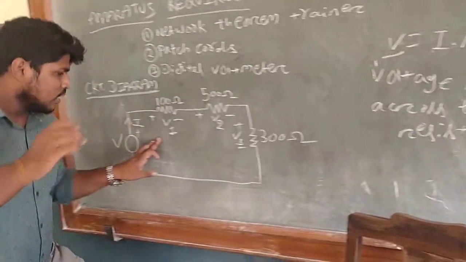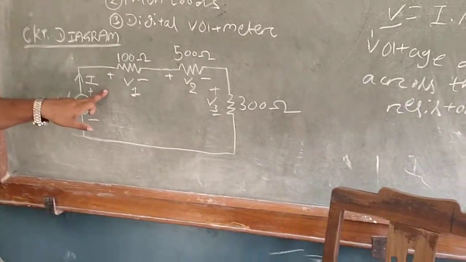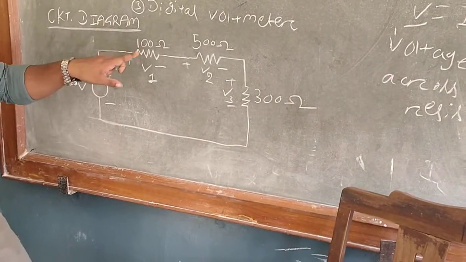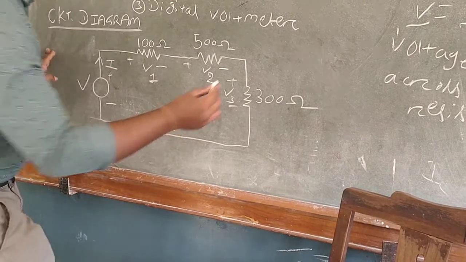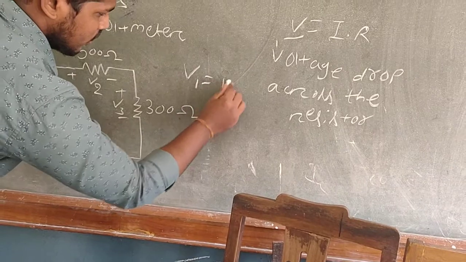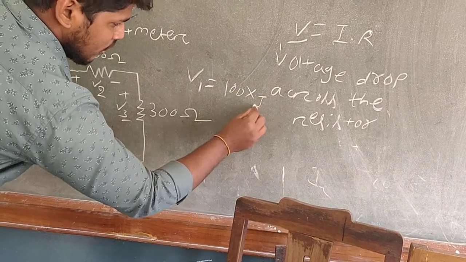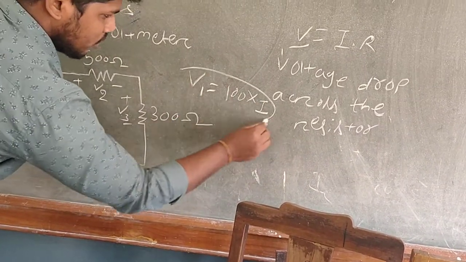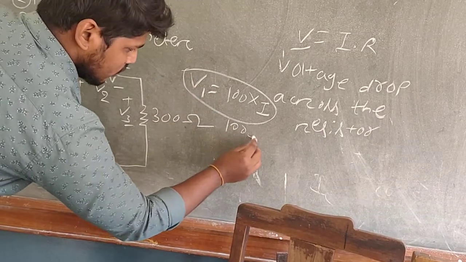Here current I ampere is flowing, and the resistor value is 100 ohm. So V1 is the voltage drop, V1 will be 100 into I. This is the voltage drop across the 100 ohm resistor.